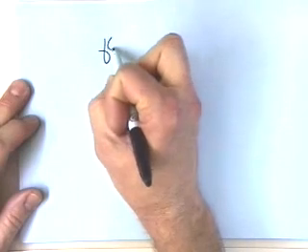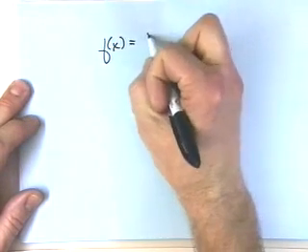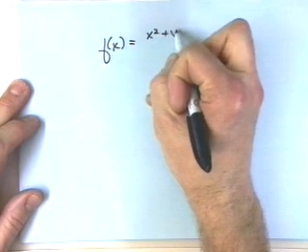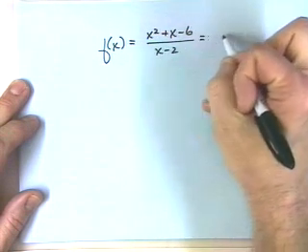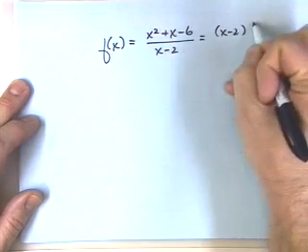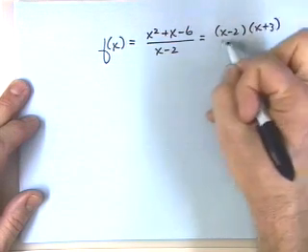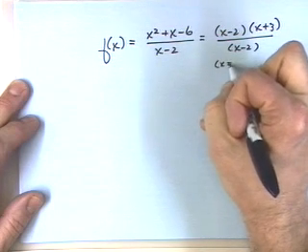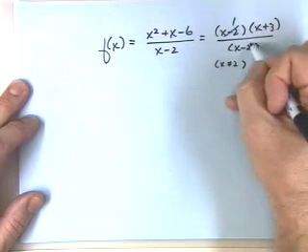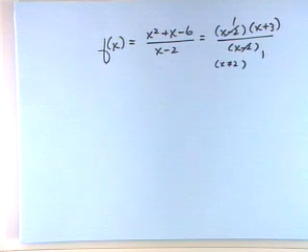So this function, if we graphed it, as long as x is not 2, we can get rid of those. And it is the line y equals x plus 3.